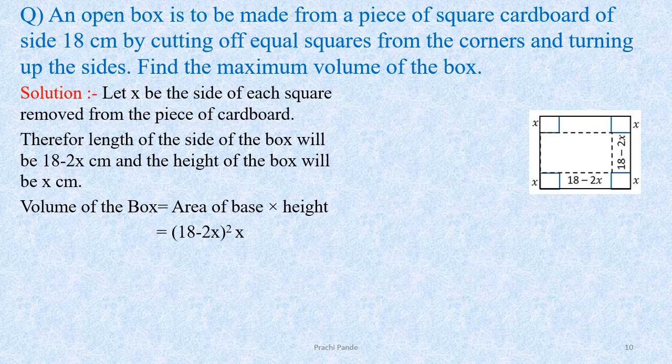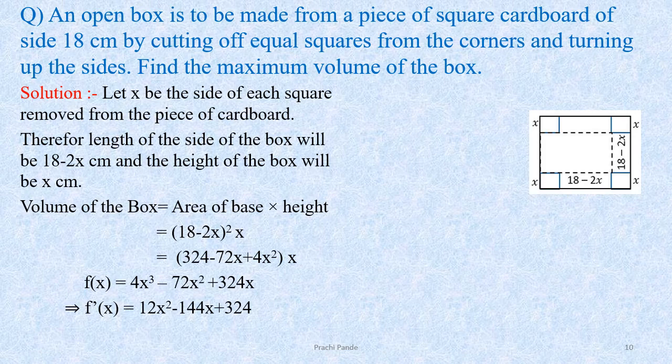That is equal to (18 minus 2x) square into x, which is equal to 4x cube minus 72x square plus 324x. If we expand this bracket, we get f of x equal to 4x cube minus 72x square plus 324x, which is the volume of the box and which we have to maximize.